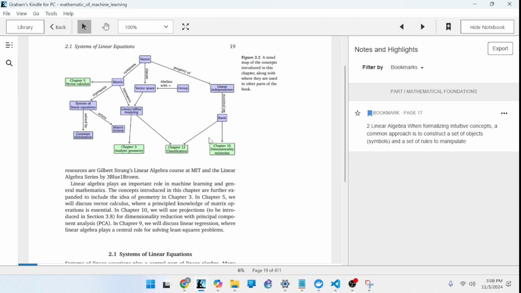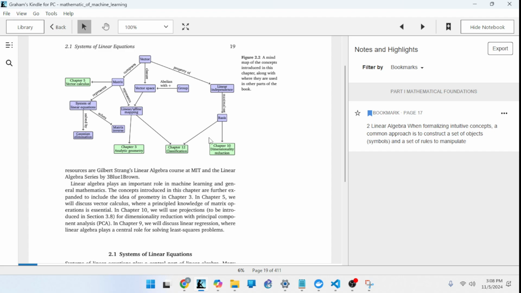That will be covered in chapter 3 on analytic geometry and chapter 12 on classification. And that's what happens when a vector composes into a matrix, and we'll cover more of that later on. All right, so a vector also has a closure, and that's a vector space, and then group abelian with the plus sign, and chapter 12 we'll have more about that. And then a vector is a property of linear independence.